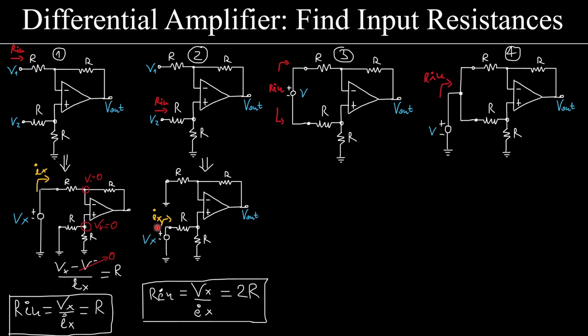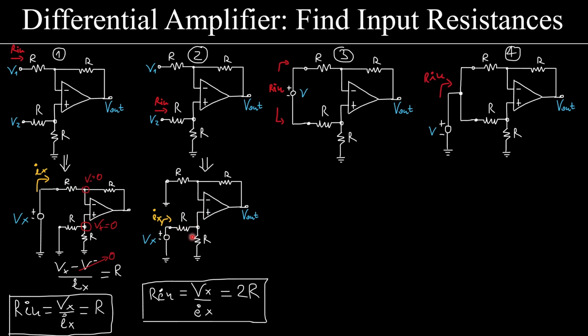Why? Because this voltage is applied in the 2 ends of 2 resistors which are connected in series. Why are they in series? Because this current that starts from here and enters into here has to flow downwards. It cannot flow inside the op-amp.